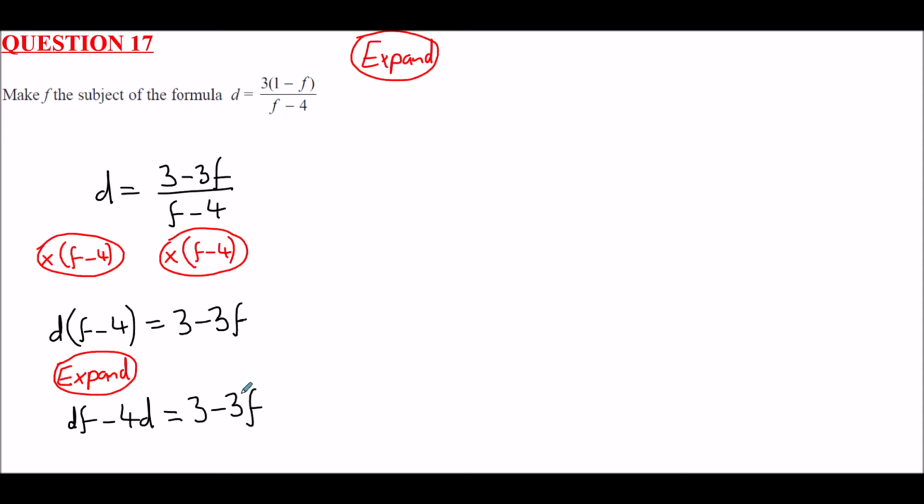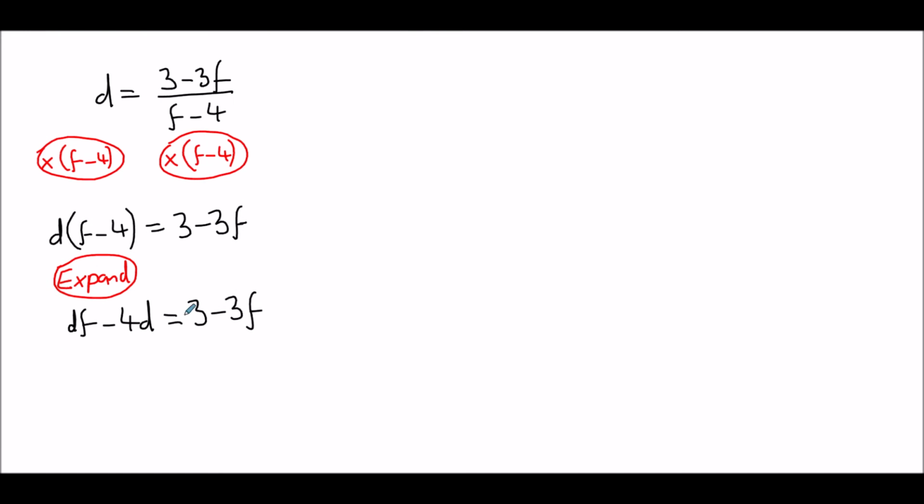So we're getting there a bit closer. What we need to do next though is to get all the F's onto the same side of the equation. So what we could do to undo this subtracting 3F, the opposite of that, would be to add 3F onto that side. That would make the minus 3F disappear.